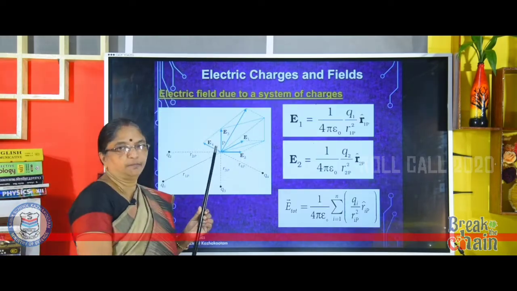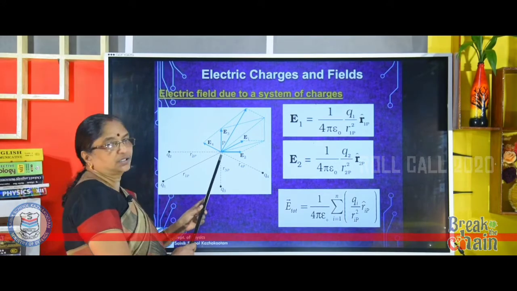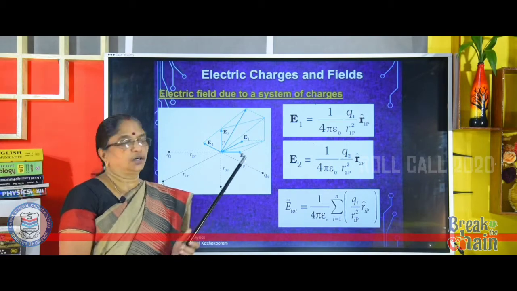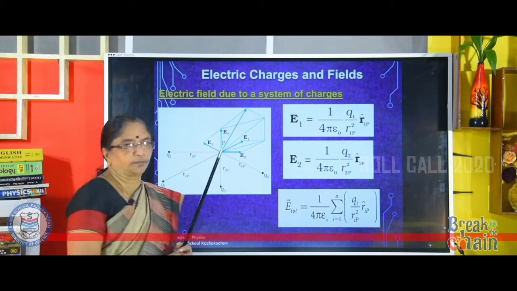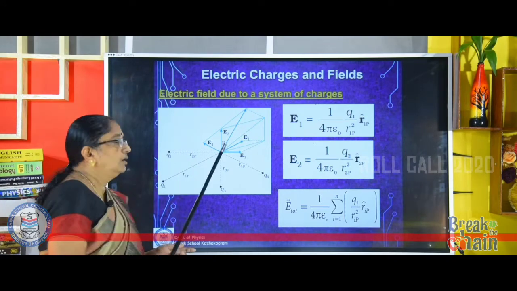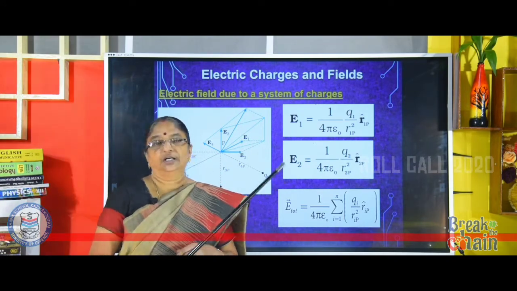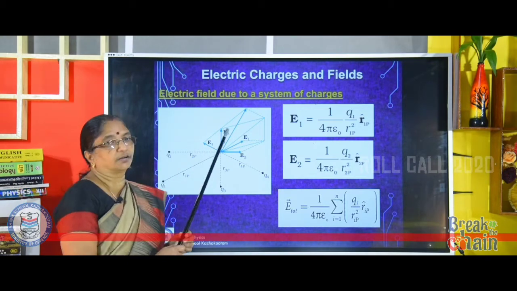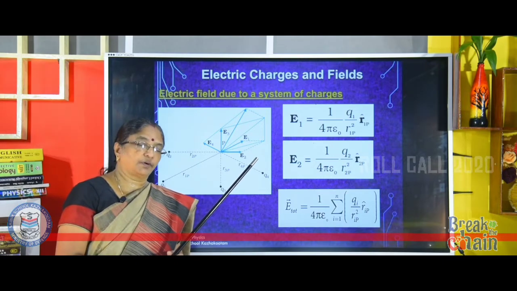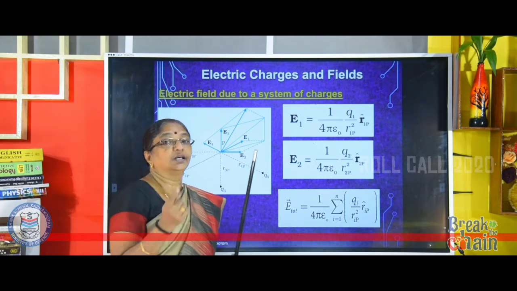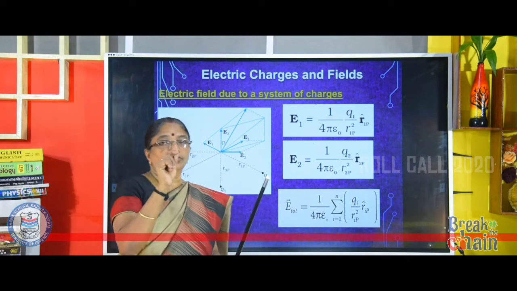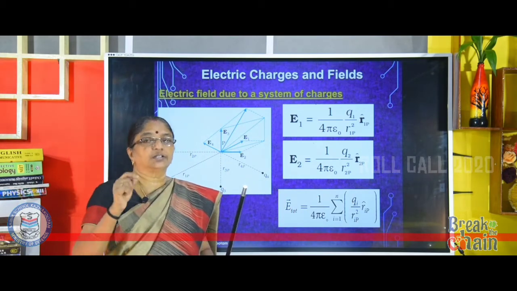And see this figure, the point P is in the field of many charges, Q1, Q2, Q3 and so on. Since the point P is in the field of many charges, we can find the resultant electric field intensity at P. Try to remember the principle of superposition of charges we utilized for calculating the force on a single charge by many other charges.